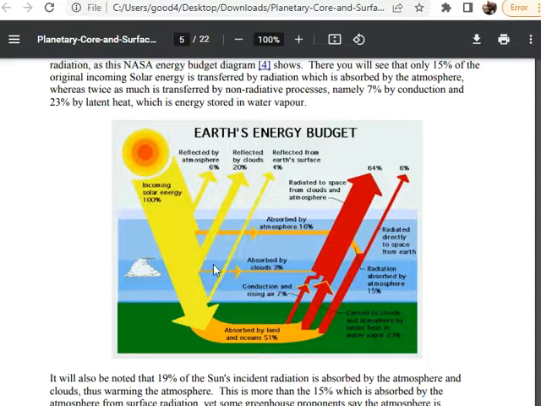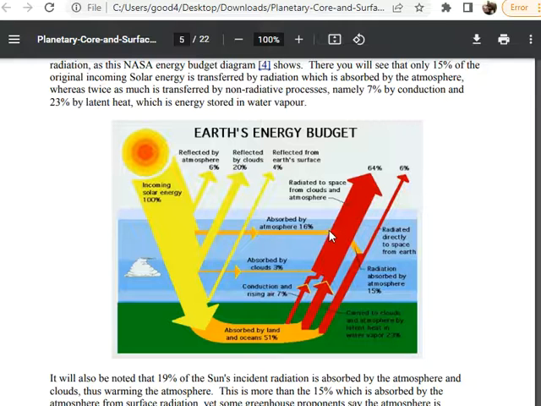And 51% of it is absorbed by land and oceans and re-emitted as infrared light from the land and oceans. And then there's these other paths that it takes.